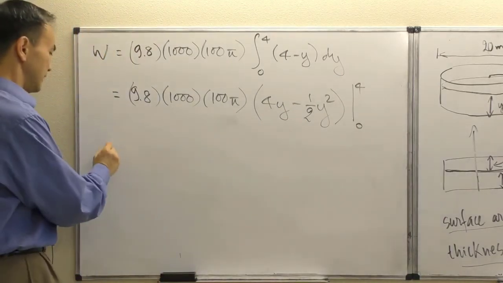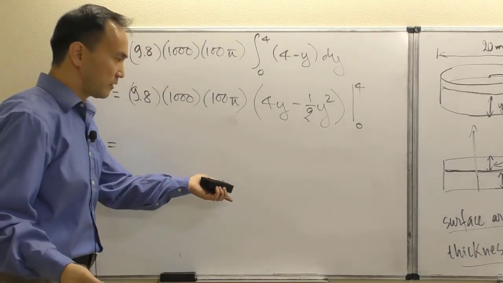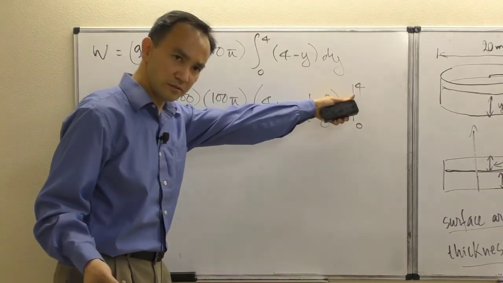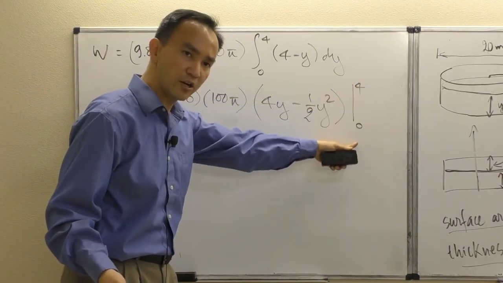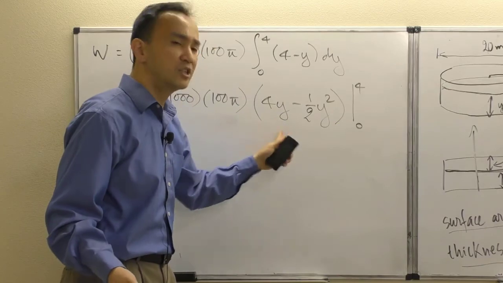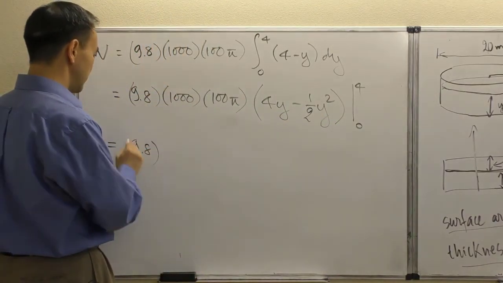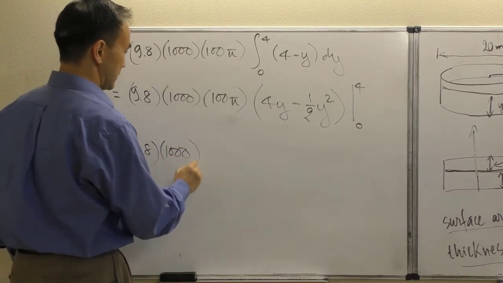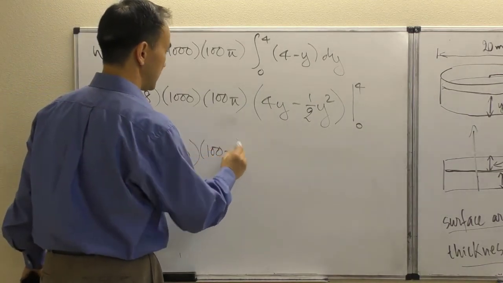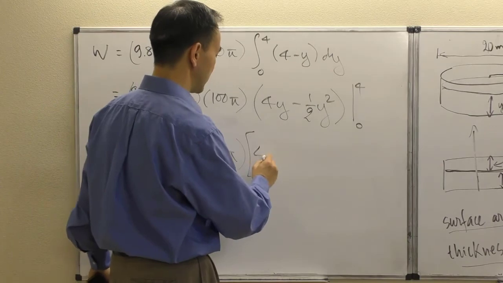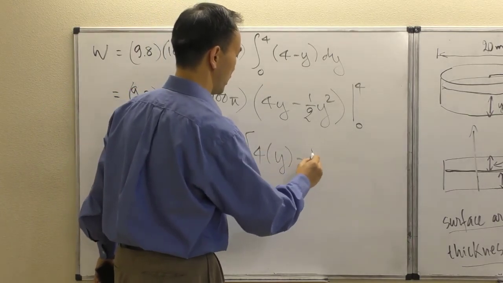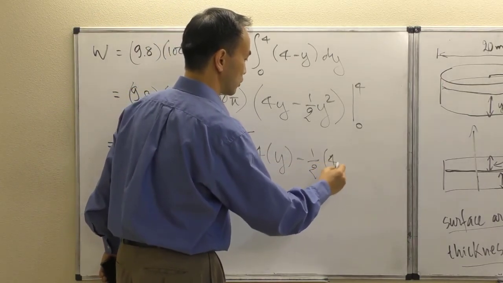Again, the fundamental theorem of calculus says I'm going to substitute each of our integral limits into the antiderivative. So consequently, I'm looking at 9.8 times 1,000 times 100 pi times, in parentheses, 4 times 4 minus 1/2 times 4 squared.